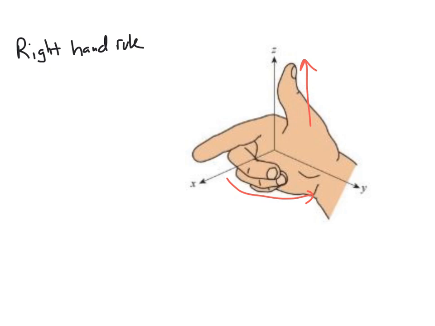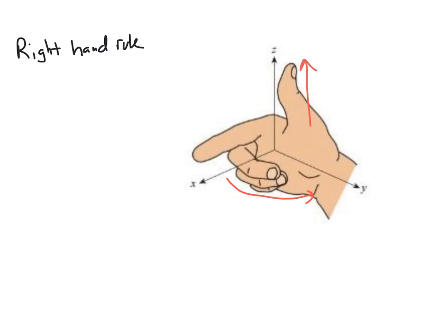Now, there's really no reason why this has to be the way that it is. We could certainly define a coordinate system with the left-hand rule, which would then have the thumb pointing down. However, the convention for everyone, for mathematicians, for physicists, for engineers, is to use a right-handed rectangular coordinate system, which is this one here.